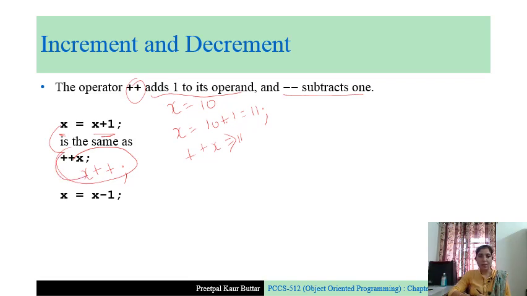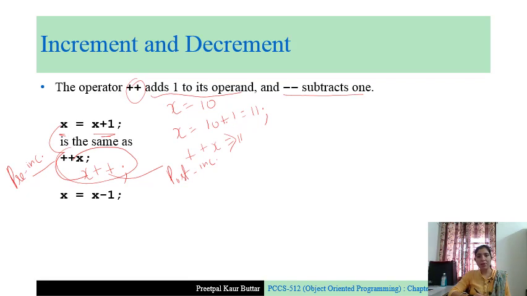This is called pre-increment because we are using the increment operator before its operand, and this is called post-increment because we are using the increment operator after its operand. And if you want to decrement the value of x, you can write x equal to x minus 1.